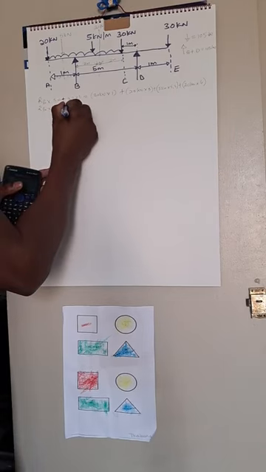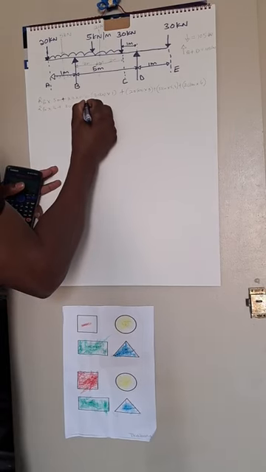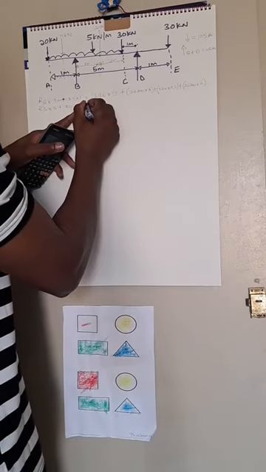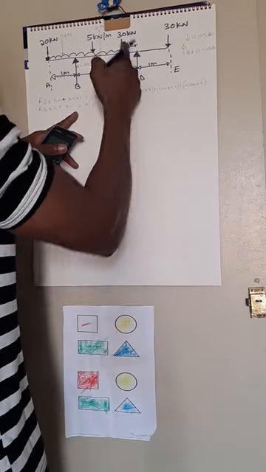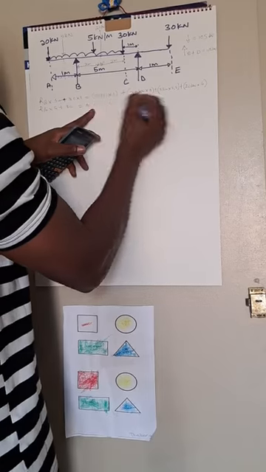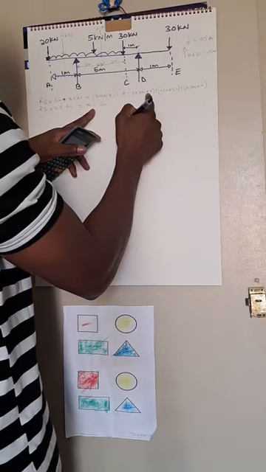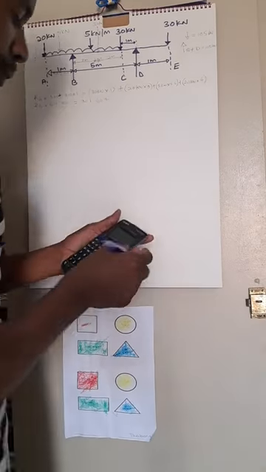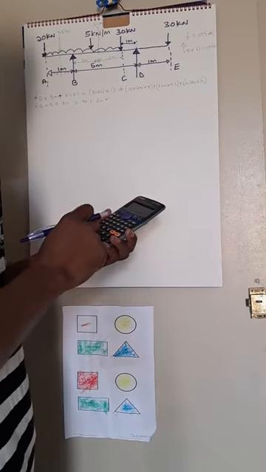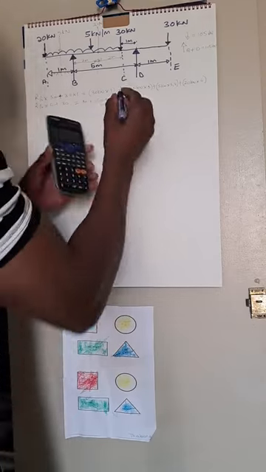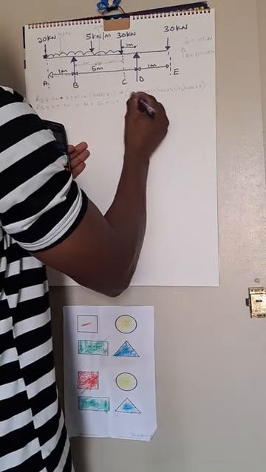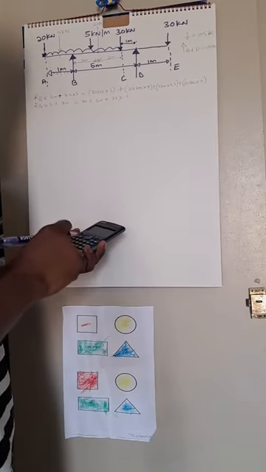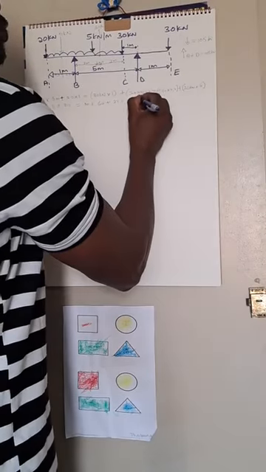Therefore, we solve our diagram with RB times 5 plus 30 equals... We also have here a 30, yes, and then we have plus 20 times 3, we have 60, plus 5 times 5.5, what do we get? 27.5, plus 20 times 6, we have 120.